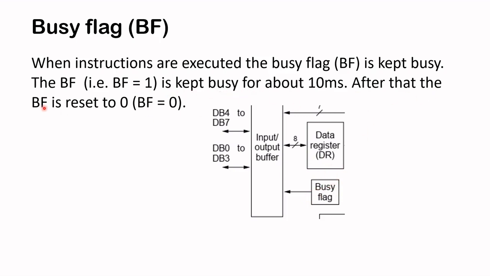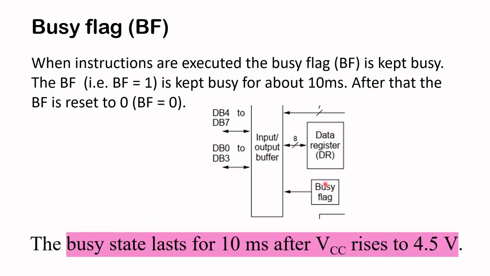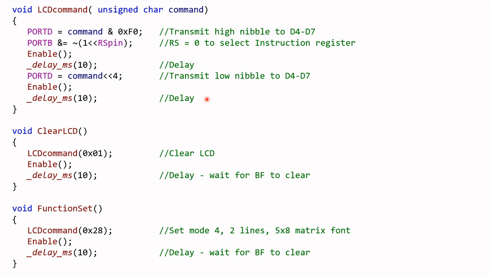After that, it is reset. Now, if it's set to 1, that means when it's busy, you can't write any more commands to the module. So you have to wait till this gets cleared to 0. Bear that in mind. 10 milliseconds for it to get cleared. Just to emphasize, the busy state lasts for 10 milliseconds. I've extracted this from the datasheet. Let's come back to this.